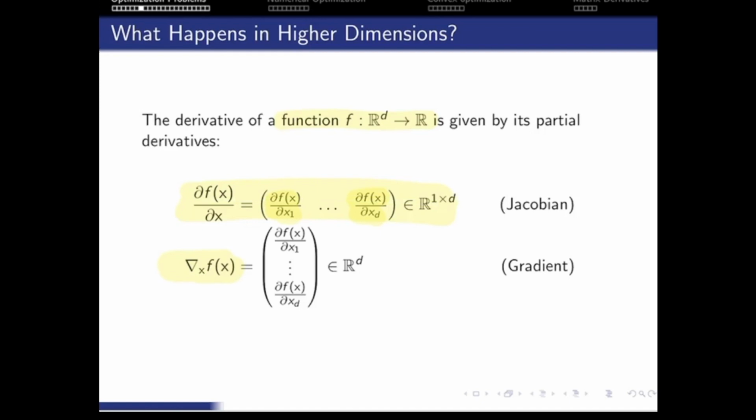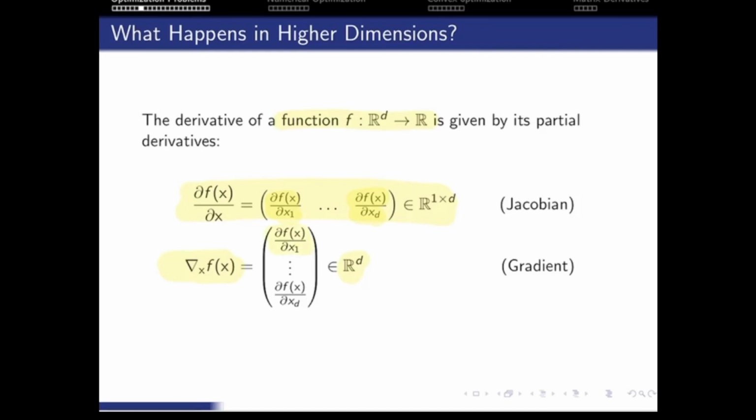And if we have a function which maps from a d-dimensional space to a one-dimensional space, then the gradient has the same dimensionality as the input space. So it's a d-dimensional vector, and in every entry of this vector we have a partial derivative.